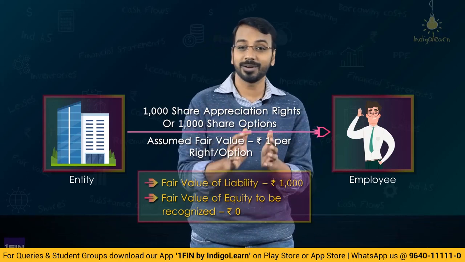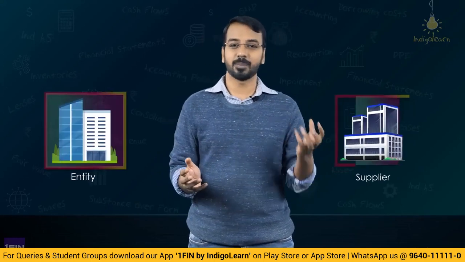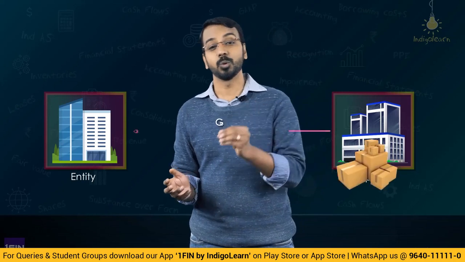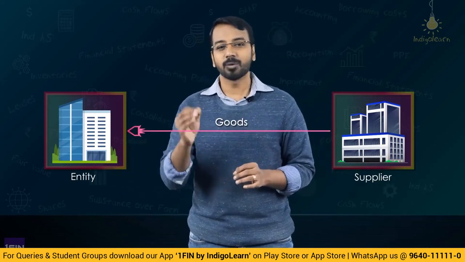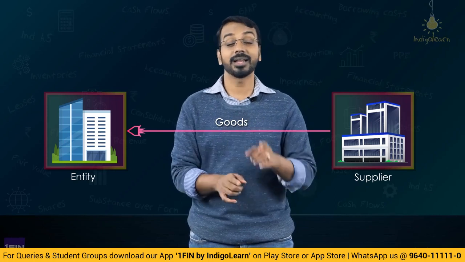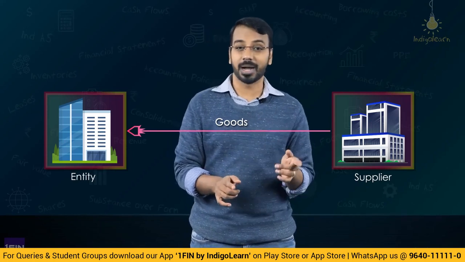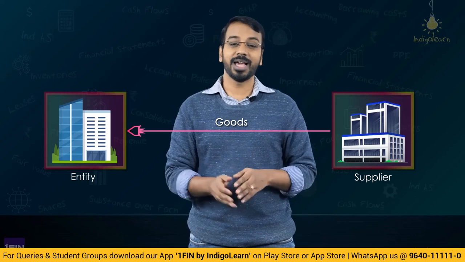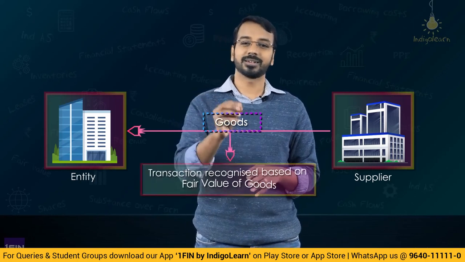Okay. Now this is when we have transactions with employees. What if we have transactions with a third party? Say there is an entity and there is a supplier. The supplier will supply some goods. Now tell me one thing. At what value will you recognize the transaction? We have understood that whenever there is a transaction with a third party, you will consider the fair value of goods to recognize the transaction.